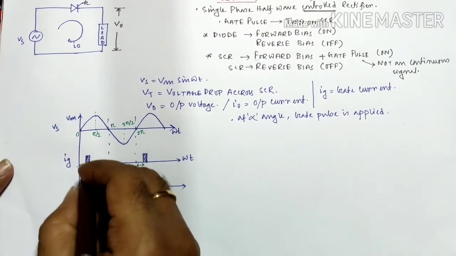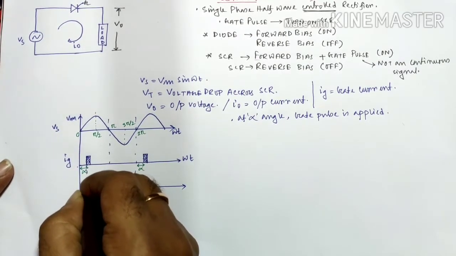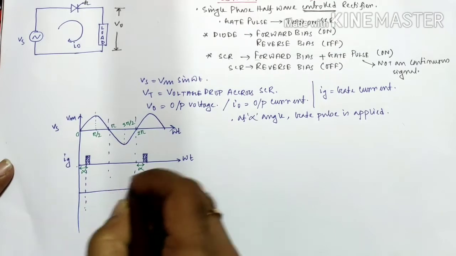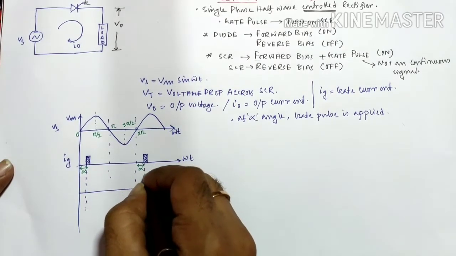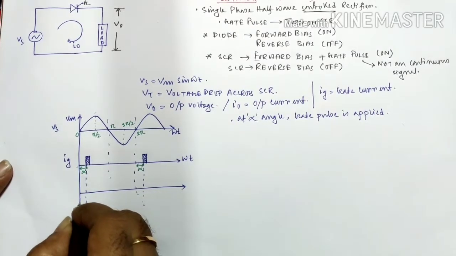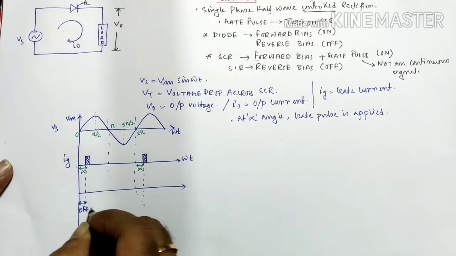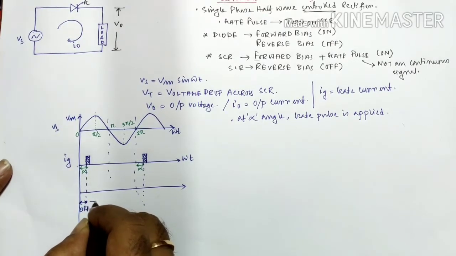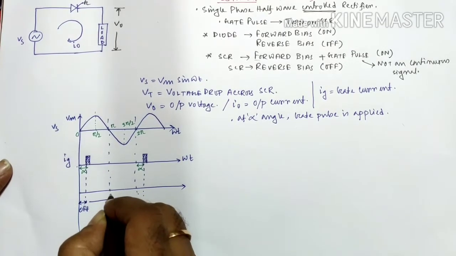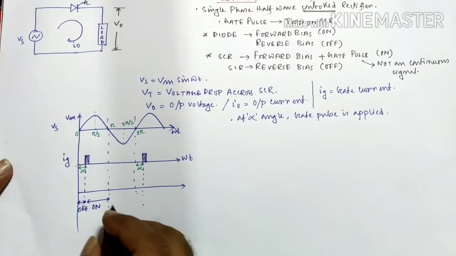That means at this particular instant, our SCR will be turned on. Up to this position, SCR will be off. After that, during the forward bias, SCR will be on.